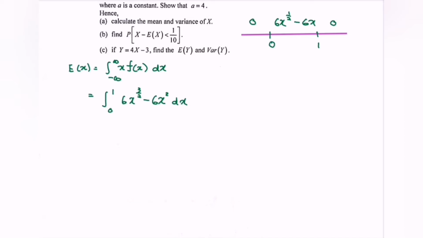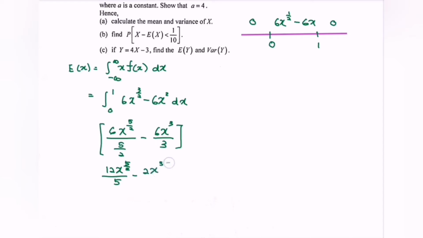Kindly integrate the situation. x to the power of 5 over 2, so 6 over 5 over 2, minus 6x to the power of 3 over 3. Simplify the situation. So we will have 12x to the power of 5 over 2 over 5 minus 2x cubed, with the limits 1 and 0.